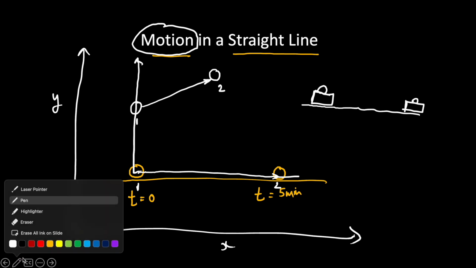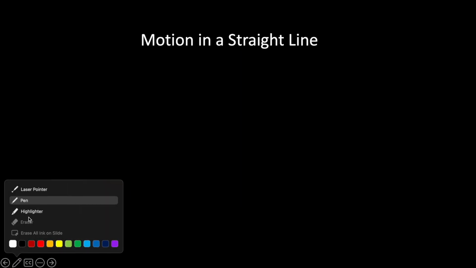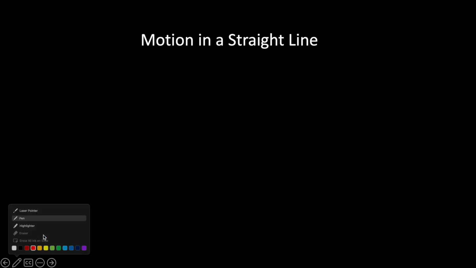And the motion could be of different styles. Say the body was here. Let me represent bodies using a dot. After some time the body came here, and it came like this. Maybe this was a football, somebody kicked it, it reached here.